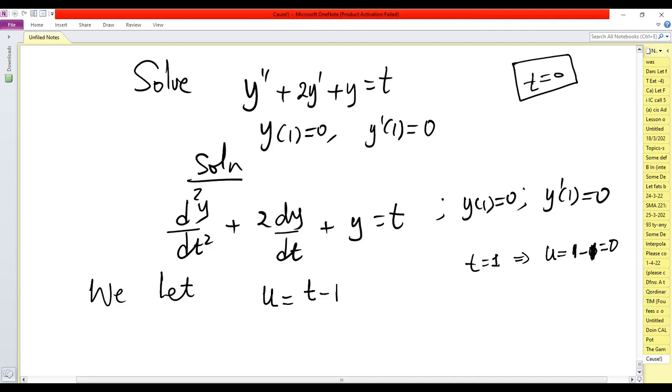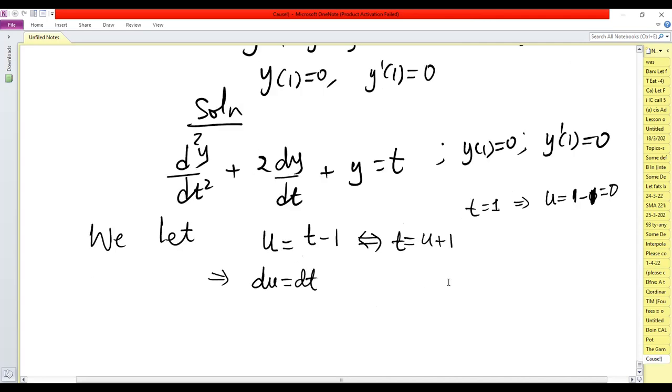So if our differential equation is in terms of this new variable u, it will allow us to use the Laplace transform method because we'll be starting at 0. So with this transformation, du is the same as dt, and this is the same thing as saying t is the same as u plus 1.